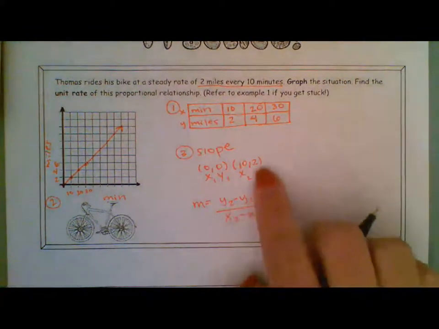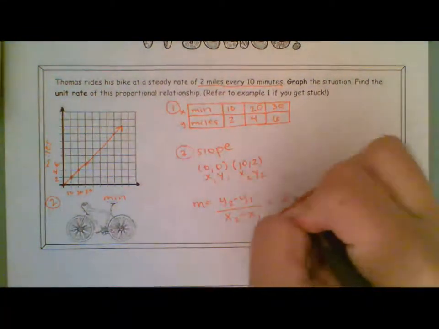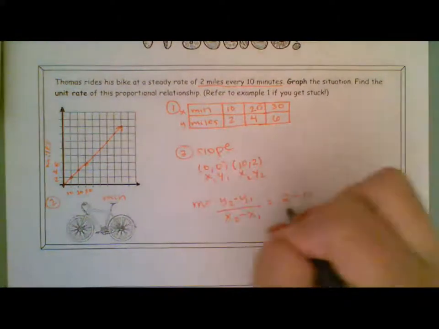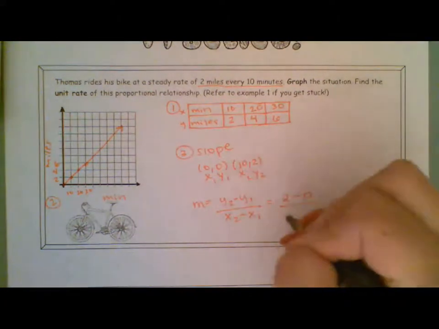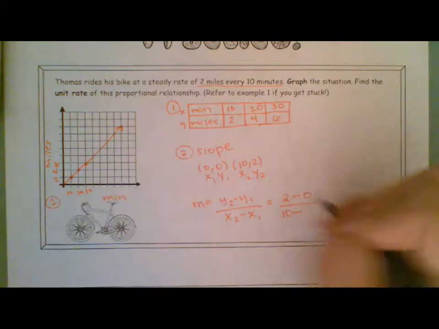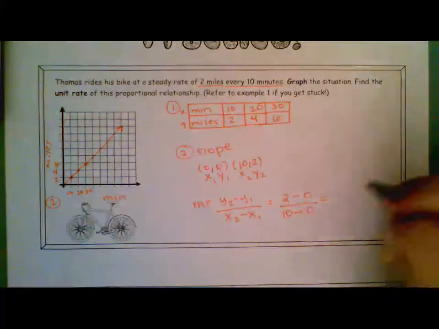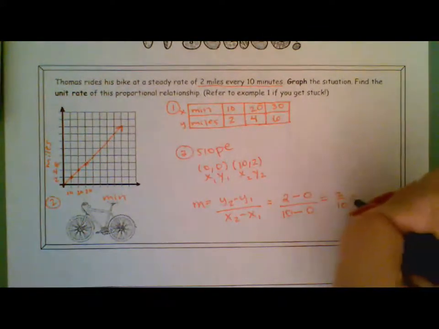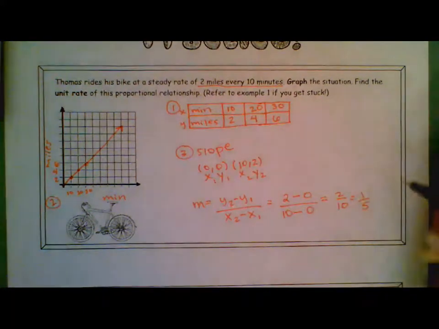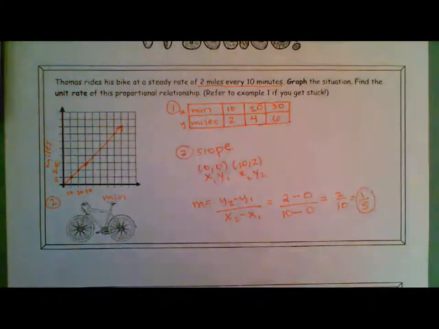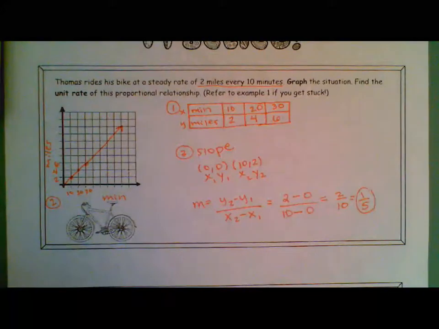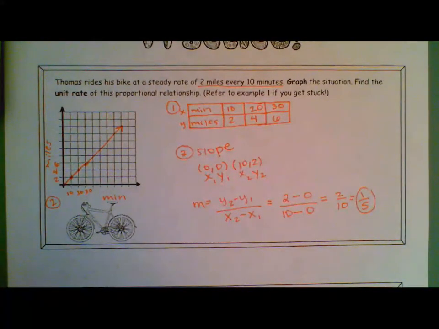So y2 is 2 minus y1 is 0, x2 is 10 minus x1 is 0. So we have 2 over 10, but that reduces to 1 over 5. So that's the unit rate of this proportion. For every 5 minutes, they went 1 mile.